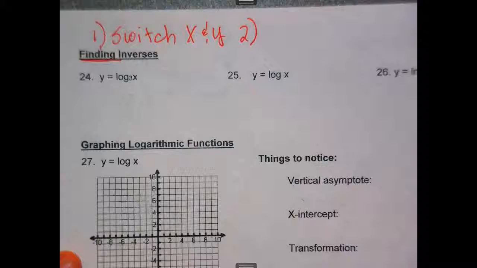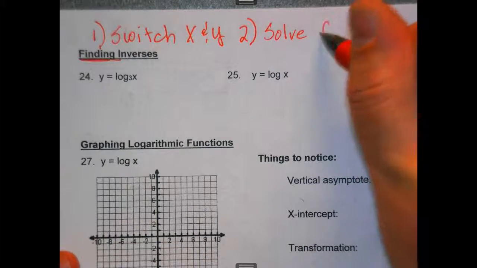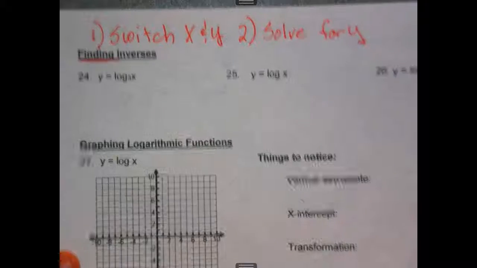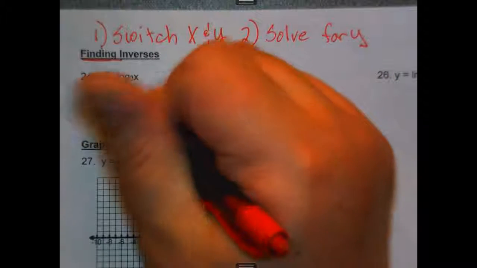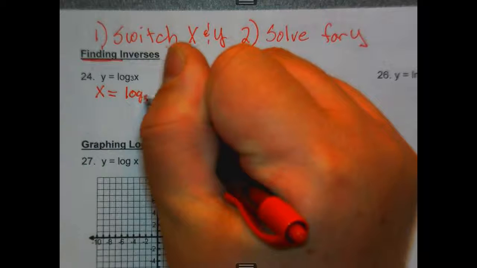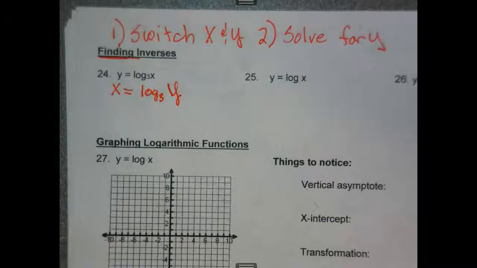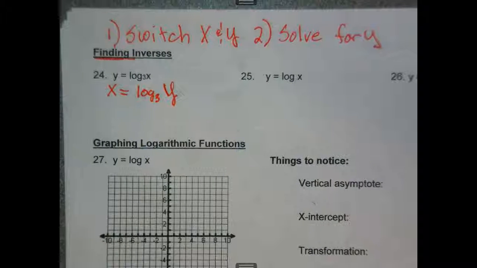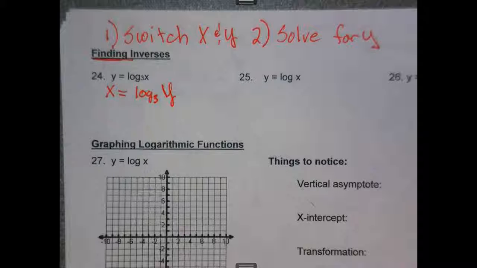What do we do? That's right, kids. Solve for y. Okay, so 24. Switch the x and y. So I get x equals log base 3 of y. All right, solve for y. I got to solve for y. Because that would be my inverse.